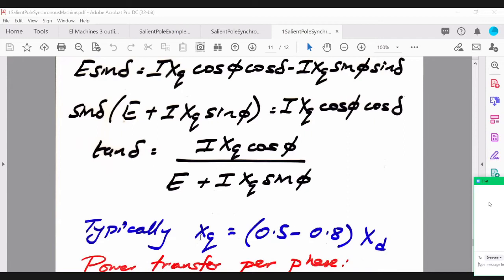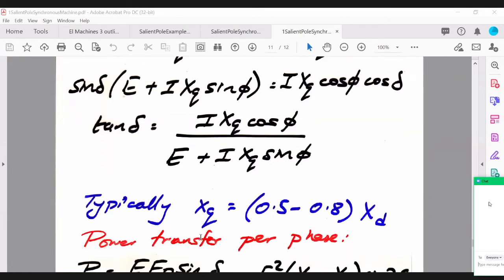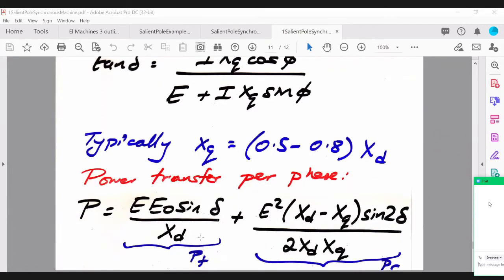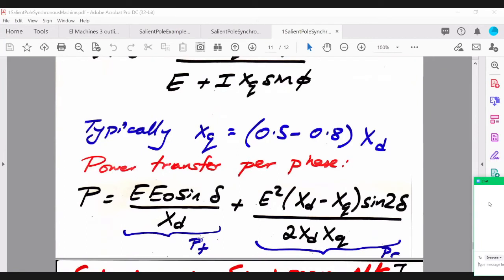But now, when you have this effect of saliency that affects your synchronous reactance, and you have two components, that will change the equation for the power. So this is how your equation will look for the power transfer in the motor and the generator. We did introduce this concept in Machines 2, but we didn't actually write the full formula.